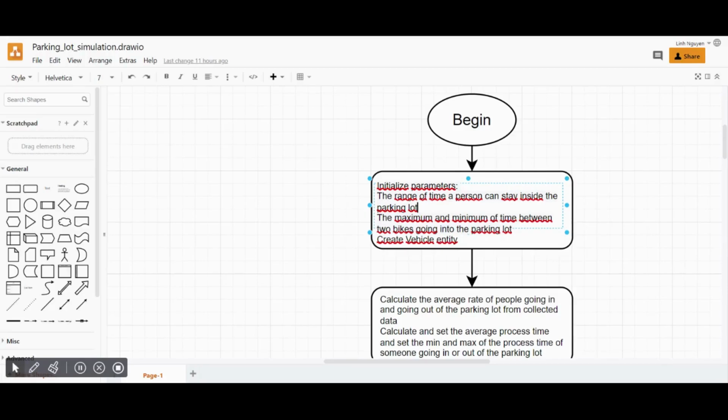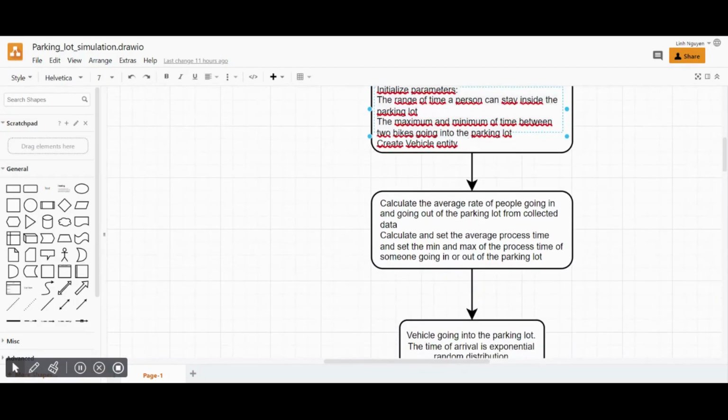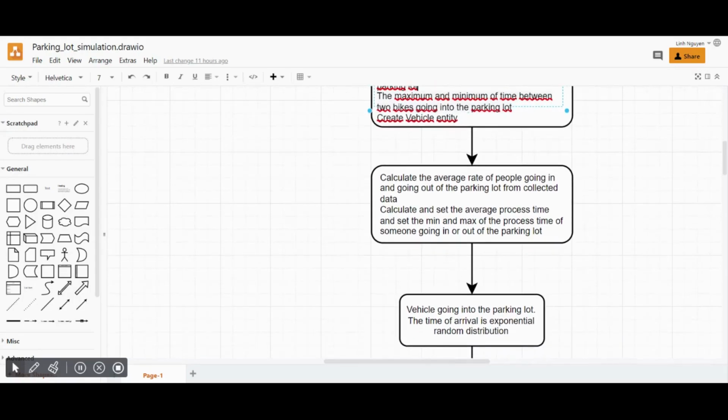When we begin, the program initializes parameters, which include the range of time a person can stay inside a parking lot, the maximum and minimum time between two cars going into the parking lot, and an entity that creates more vehicles. Then the program calculates the average rate of people going in and out of the parking lot from our collected data.